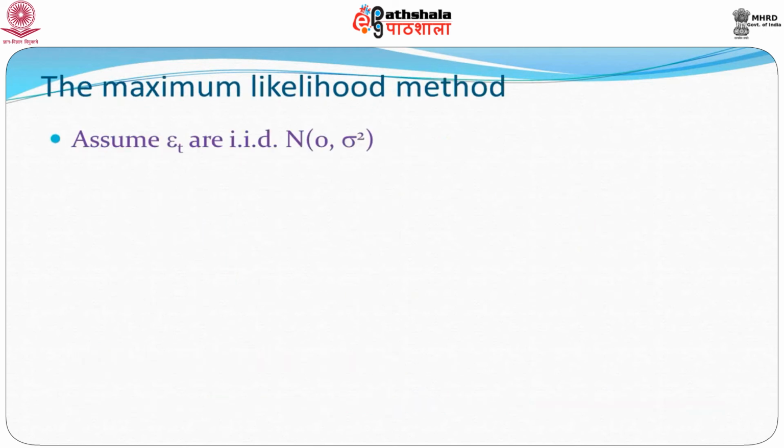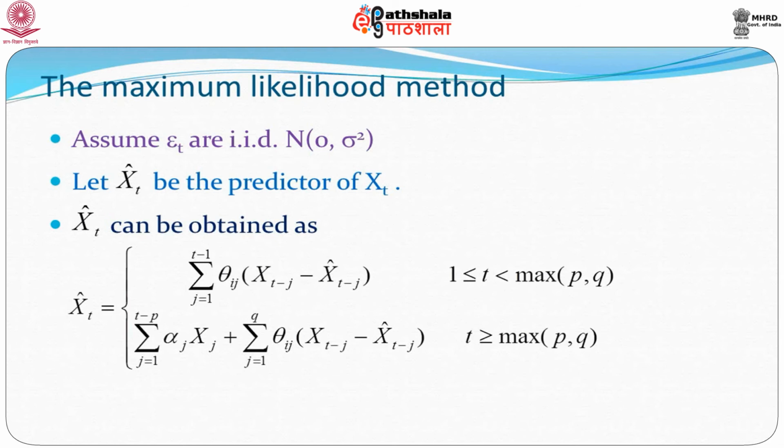Let us look at another way of estimating the parameters. This is referred to as the maximum likelihood method. So, the usual maximum likelihood, where you need to estimate the parameters assuming some underlying distributional form. We assume that the epsilon_t's are IID normal(0, sigma squared). In that case, let us consider the predictor y_t hat of y_t. Now, y_t hat can be obtained as some combination of the past residuals.